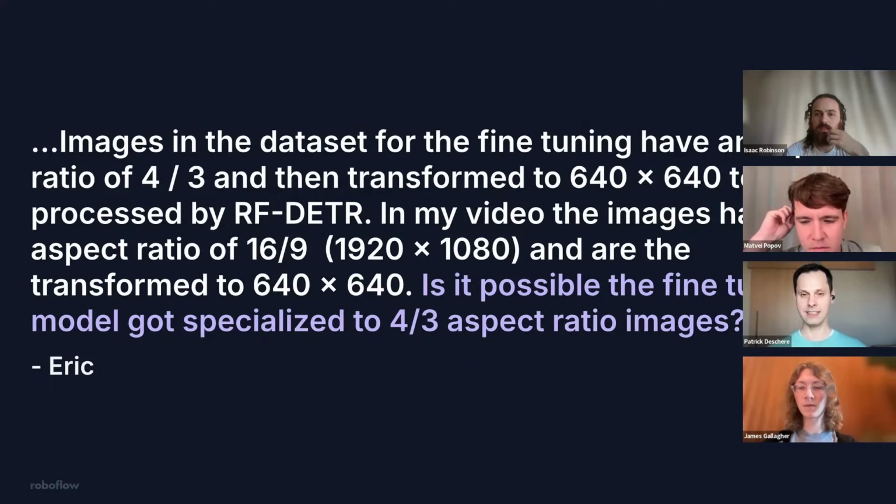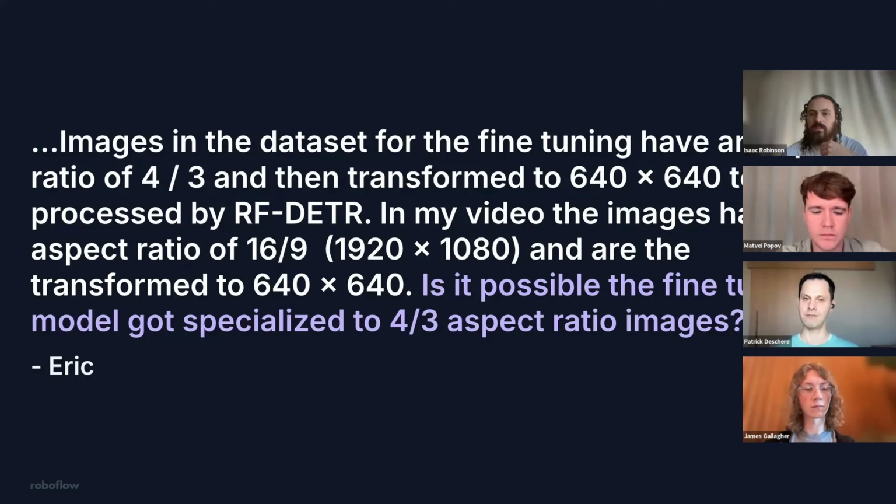There was another question that we got ahead of time, and we might not have Eric with us, but to summarize, Eric was working on a project, and he mentioned he trained with RF-DETR. I guess this boils down to his source imagery and the imagery he was using to test is 16:9 ratio, 1080p, and then when he was training, he was resizing it to 640 by 640.